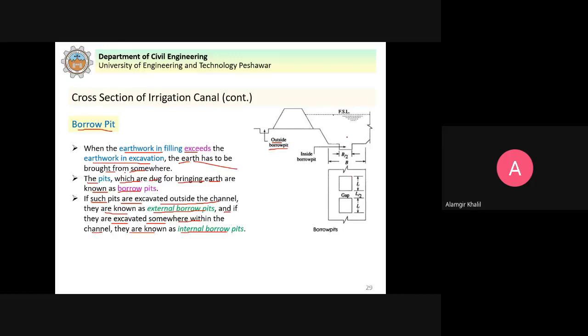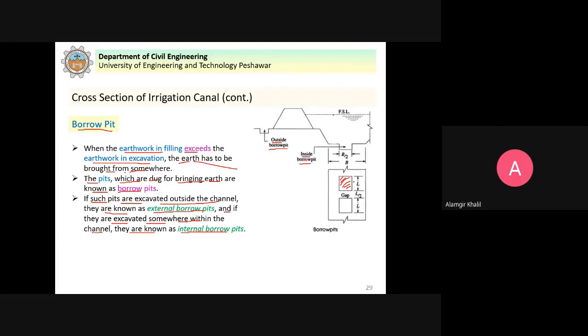Also you can see here that we have this inside borrow pit or internal borrow pit. They are excavated at the bed of the channel or canal. You can see here that these pits are excavated, and then this material is used in filling.